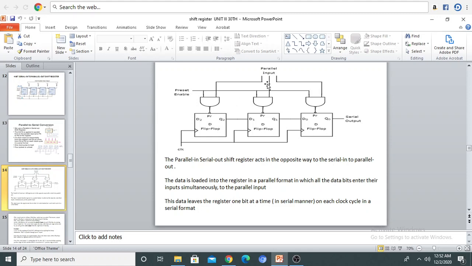In the same way, if you apply 1 here, already preset enable is 1, 1.1 is 1. So Q1 is equal to 1. If you apply 0 to this input, here 1.0 is equal to 0. So after loading the data, the content of the register is 0, 1, 0.